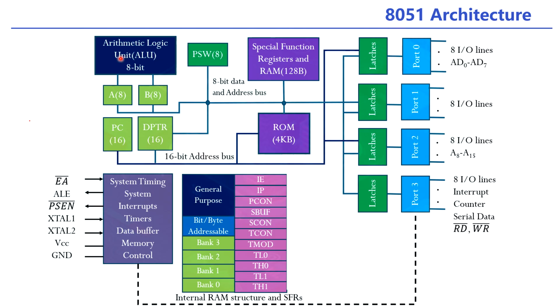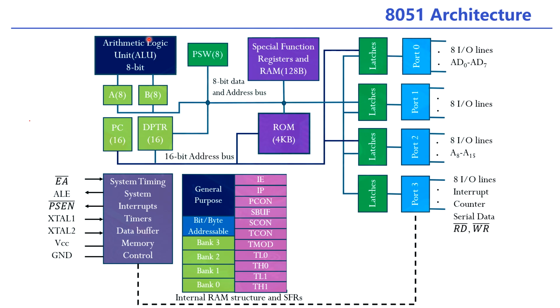For example, after addition there may be a carry, after subtraction there may be a borrow, an overflow condition may occur, or parity may be generated. Those conditions are stored within the PSW.